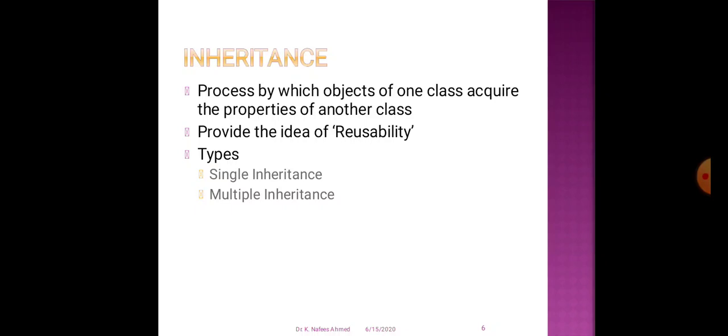So basically it provides the idea of reusability using this concept of inheritance from the programming point of view or a project development point of view. So reusability is the important one. We can achieve this reusability using this inheritance concept. So once we have an object or a class, it can be used whenever and wherever necessary.